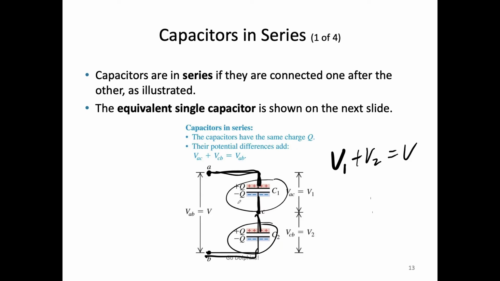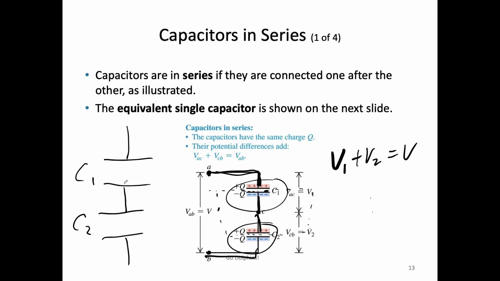And then, what's interesting, let's draw a box like this, which only has the inner two surfaces. So this is C1, this is C2. Let's look at here. Those two plates, the sides of the capacitors, are actually separated from everything else.